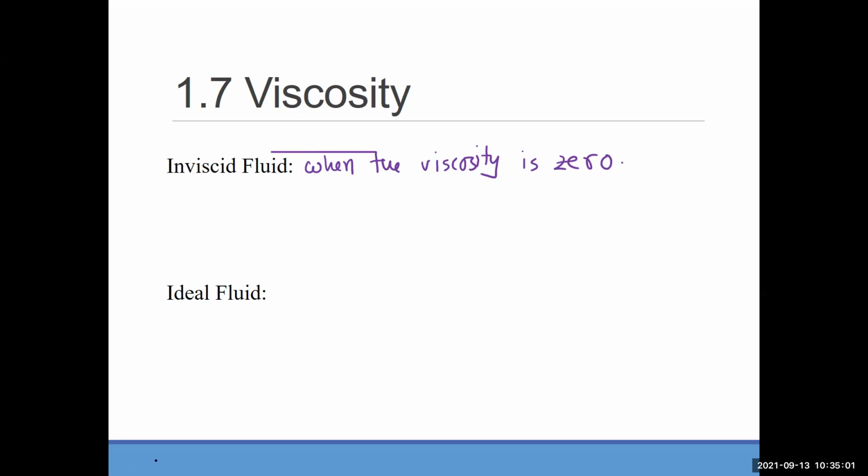So I will make a note here that in real, inviscid equals very low viscosity.